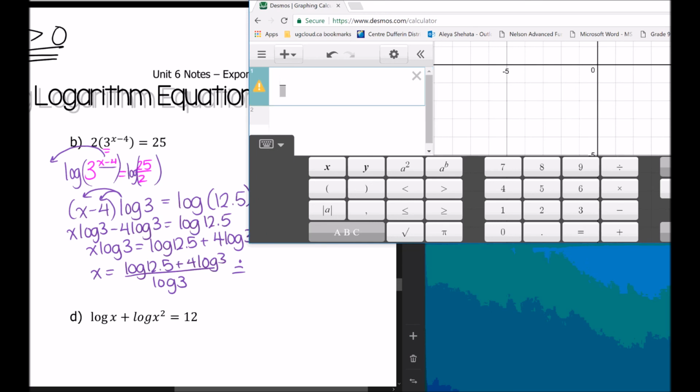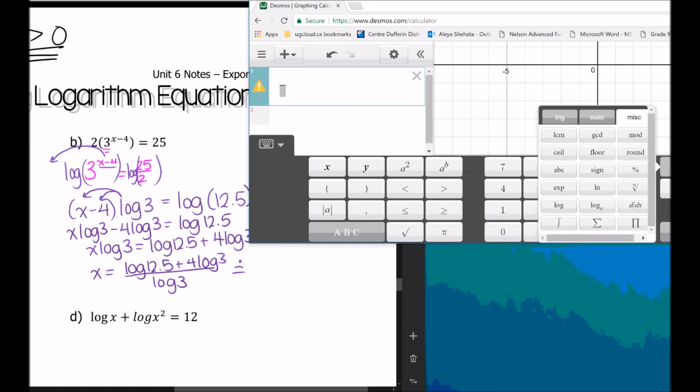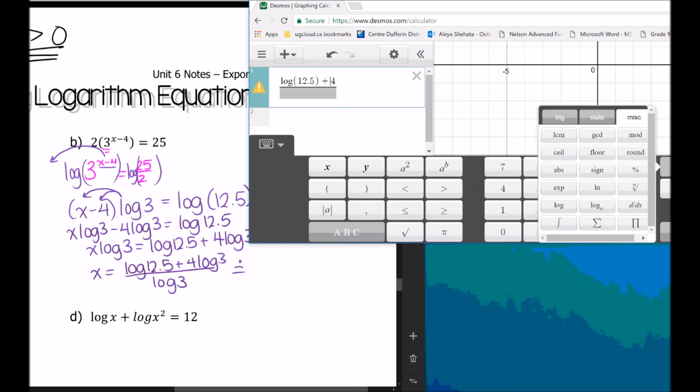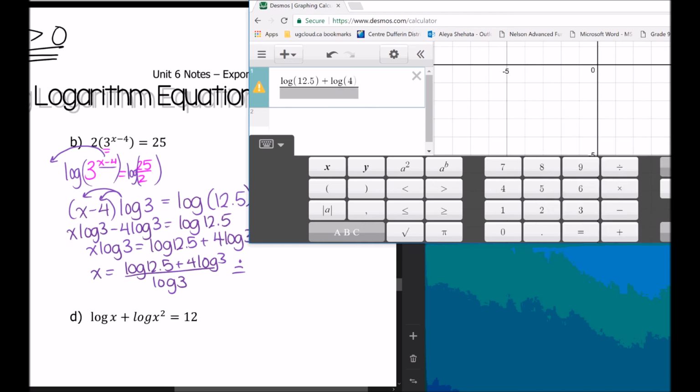Okay? So here I'm going to go to my functions, and I'm going to type in log of 12.5. Okay? And then I'm going to close my bracket, and then I'm going to type in plus 4 times log again of 3. Sorry about that. Let me just fix this really quickly.